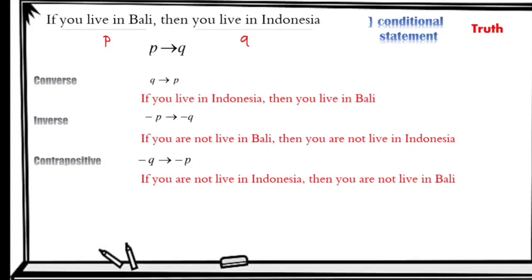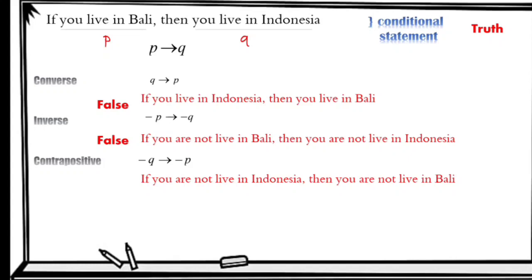Then the converse is false because you can live in Indonesia without living in Bali. You can live in Jakarta, Bandung, or another place. Next, the inverse is also false because even if you are not living in Bali, you can live in Indonesia, maybe on Java Island, Sumatra, or another place.